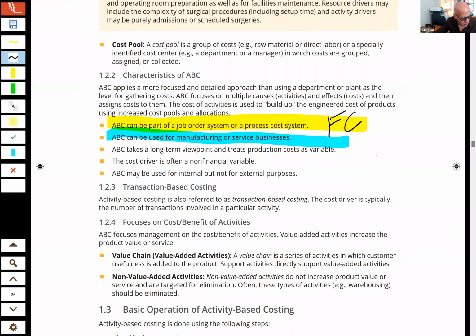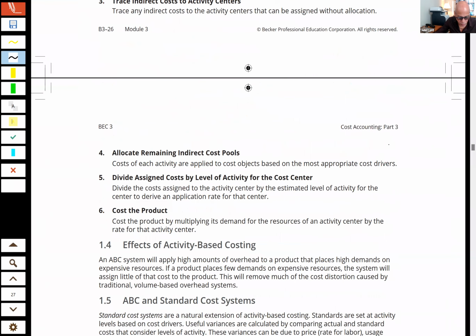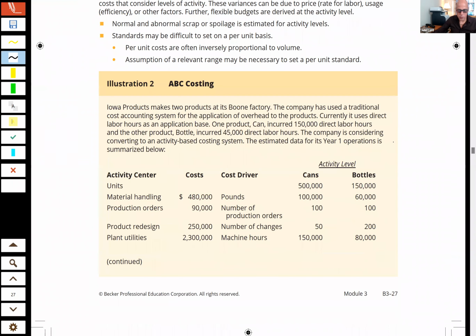Now, we're going to go through an example that I think is a very good one, using activity-based costing for a manufacturing entity. One product, the cans, incurs 150,000 direct labor hours, and the other product, the bottles, uses 45,000 direct labor hours.